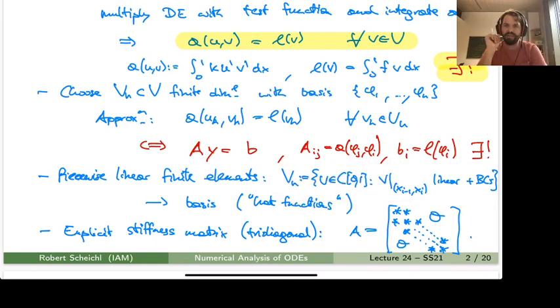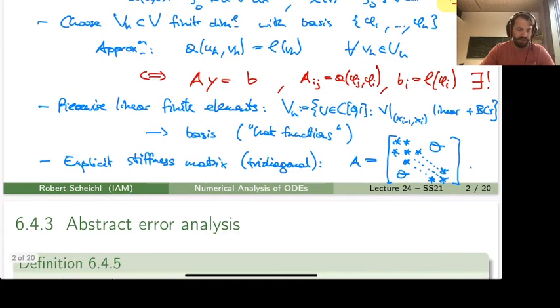Instead, we're testing our variational form, our weak form, only for piecewise linear functions, functions that are linear on each subinterval. That again leads to a set of basis functions, which are the so-called hat functions, and we can explicitly work out the matrix A above, which is now a tridiagonal matrix. And that's how I finished last time.